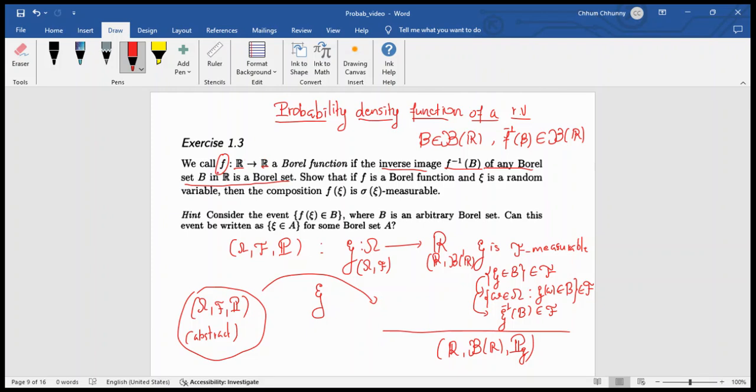The difference between the function f and the function psi is that psi maps from the set Omega with the sigma algebra F, and the small f maps from R, whose sigma algebra is the Borel sigma algebra.